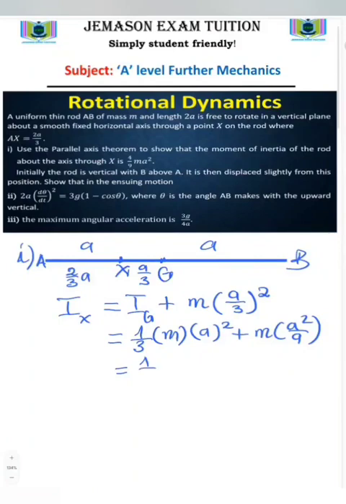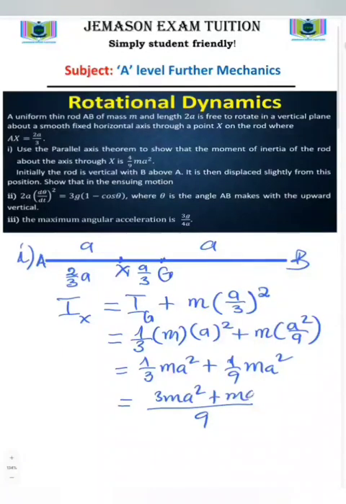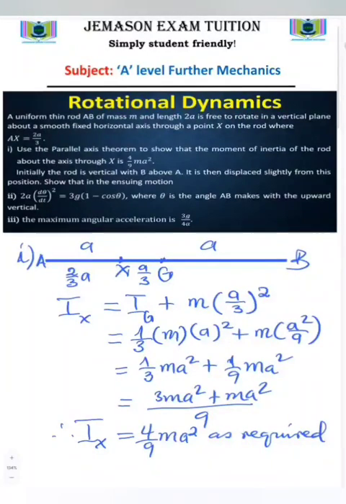We have 1/3 ma squared plus 1/9 ma squared, and the LCM being 9, we have 3 ma squared plus ma squared, so that the moment of inertia about the axis through X would then be 4 over 9 ma squared as required. The question asks us to show that the moment of inertia is 4 over 9 ma squared.